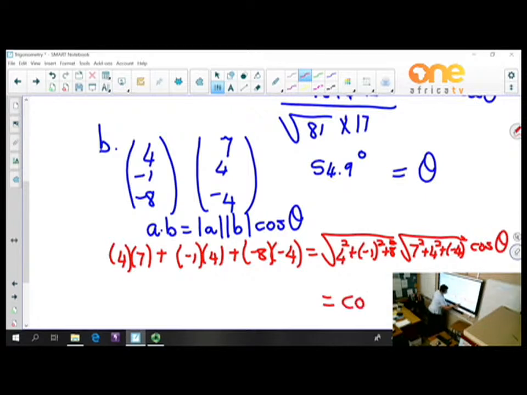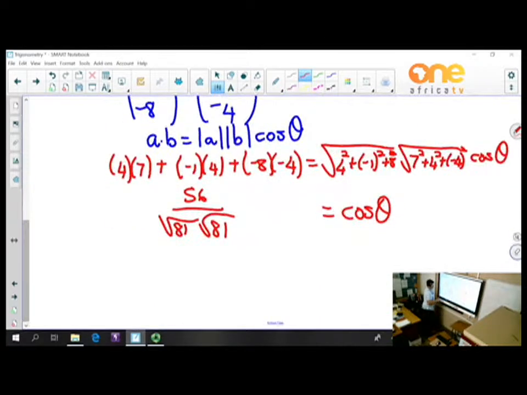So eventually cosine theta is equal to, so we do our calculations here, I have 56 over the square root of 81 times the square root of 81. You can change it to 9 if you want to. And then second function cosine, and the value of theta is 46.3 degrees. I hope you are sure of getting these angles, because this is the basic concept.